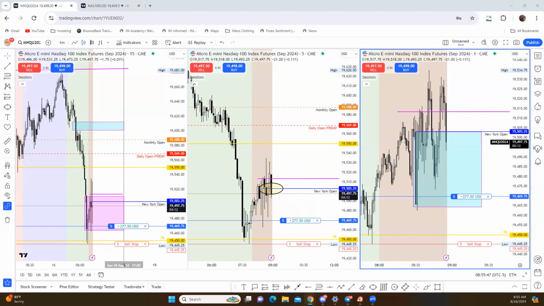So, like I said, they're suppressing and holding that price down, which is not what you want to see. You'd want to see price printing away from New York Open fairly quickly.